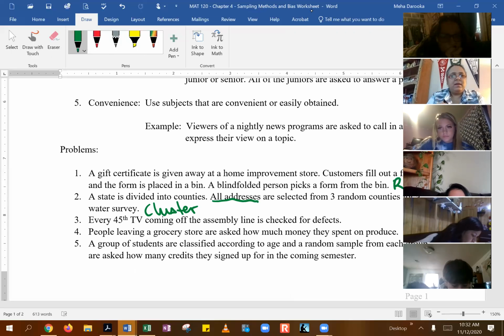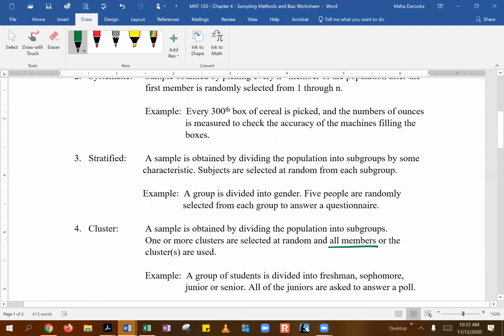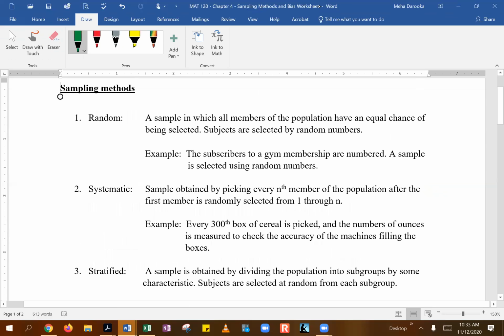Yeah? Okay, what do you think about number 3 here? They're saying every 45th TV coming off the assembly line is checked for defects. Random, systematic, stratified, cluster, convenience. Okay, let's see, Isabel, Burgundy, Markley, you guys are going with systematic. All right, let's take a look at systematic over here.